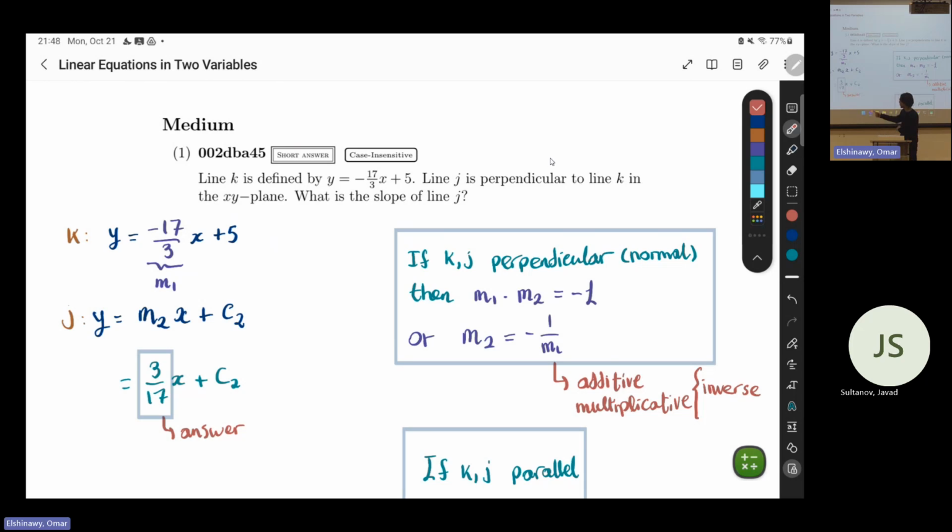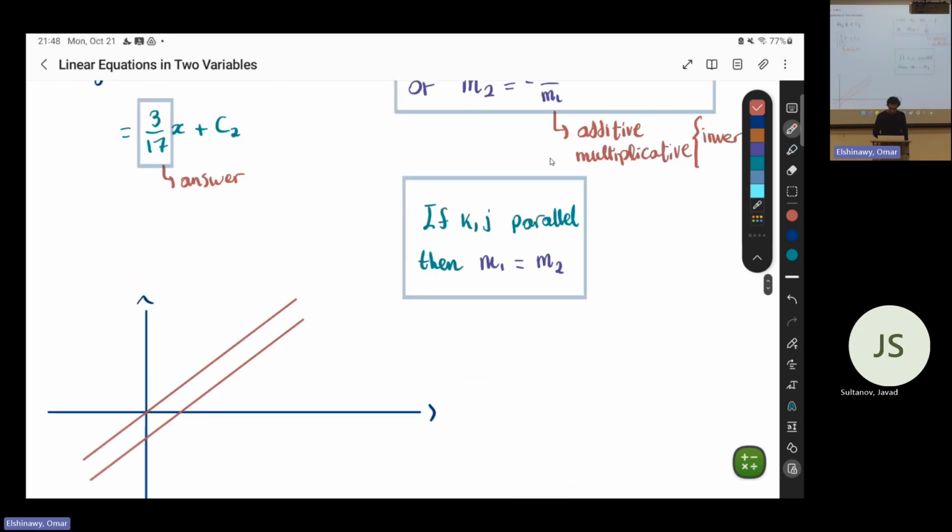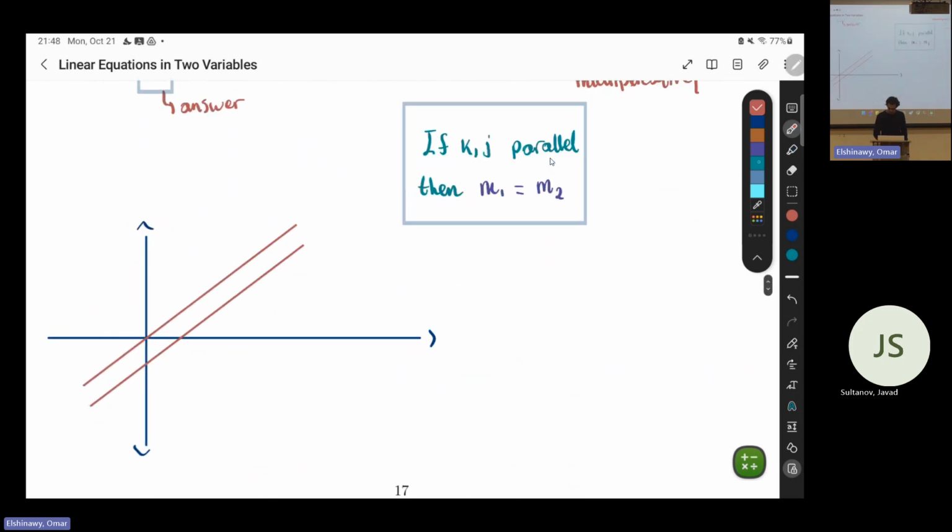So this is the answer. If you would read it, it's saying line j, but we only found what? What about if you want to find the line? Well, you cannot. We need points. If you want to find the exact line, you cannot, because here's the thing. Let's say this is my line, okay?